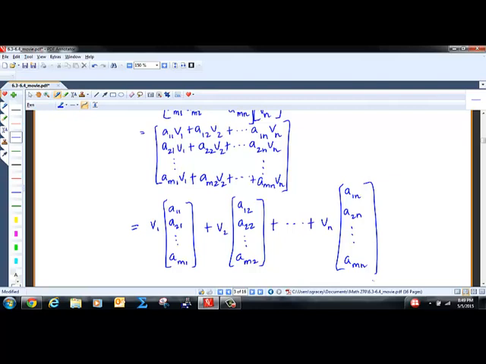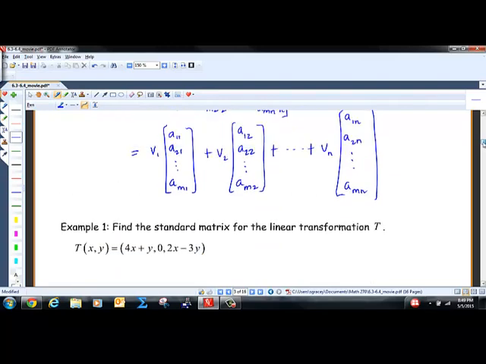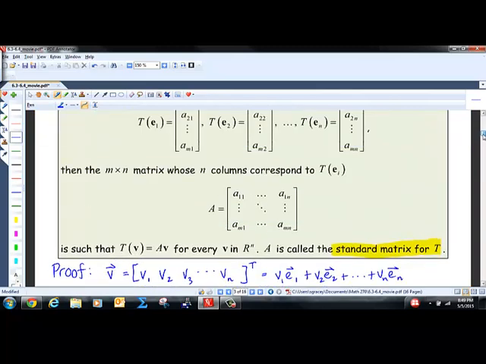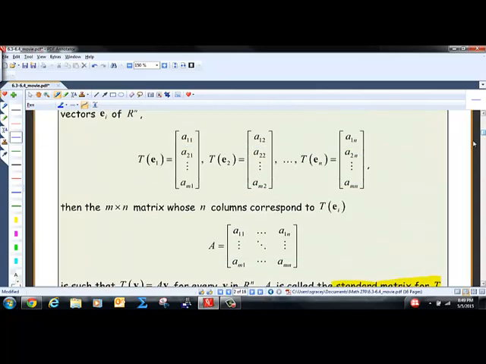So now let's take a look at what this is. If you look back at our definition, T of E1 was A11, A21, all the way down to AM1. And T of E2, do you see all of these guys here? We have these in what we've worked out.